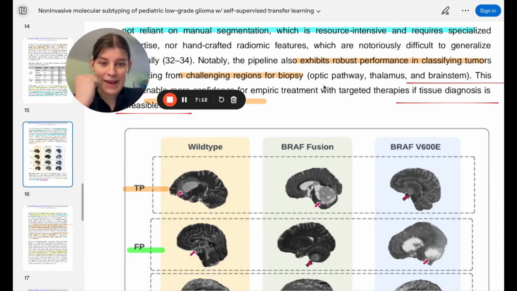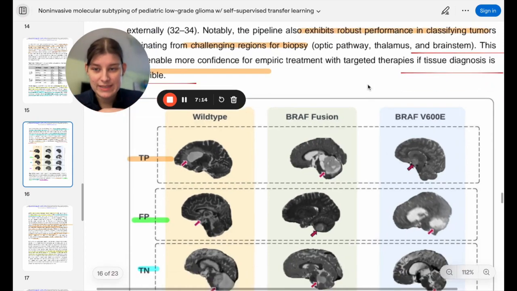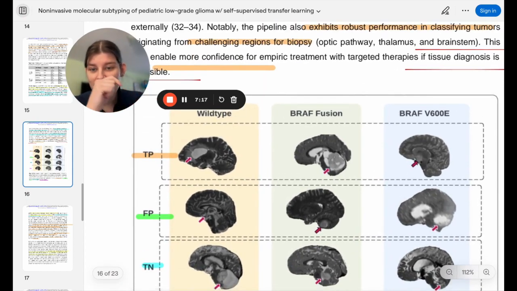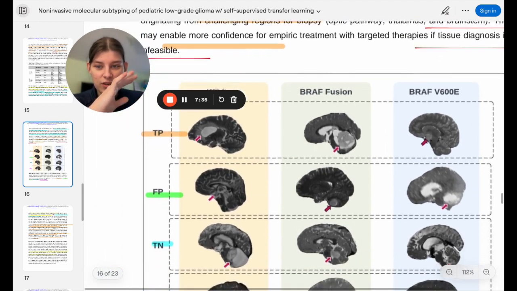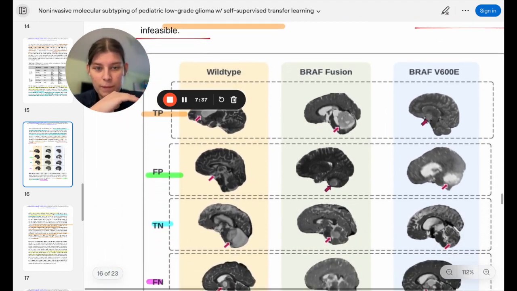These are the optic pathway, the thalamus, the brainstem, which is insane because not only does this help physicians and treatment teams make more informed decisions, it can also help with more targeted therapies, even without tissue diagnostic evidence, if it's just completely unattainable.